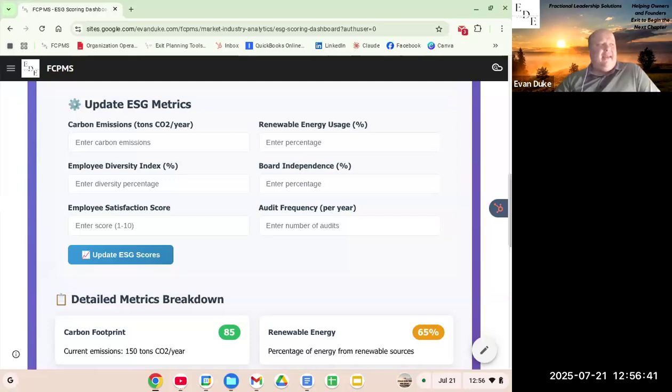independence, okay, yeah, we have a problem there. Or if it's showing that there are almost no audits whatsoever per year, yeah, we've got another problem. Or even employee satisfaction: if we're getting a 1, that's a problem, because it means we potentially have a toxic workplace.